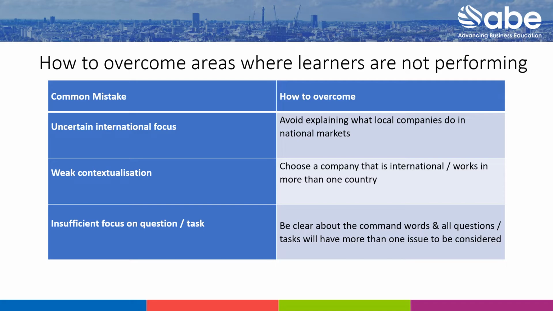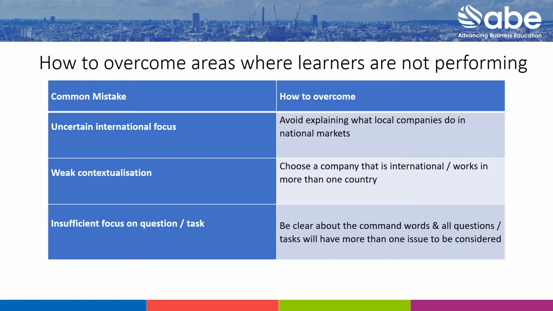This requires the learner in the answer to critically examine what standardization and customization are, and then to draw out, that's part and parcel of critically examining, how standardization and customization differs within international marketing. The expectation is to use the company chosen and relate standardization and customization to what the company chosen does or could do.